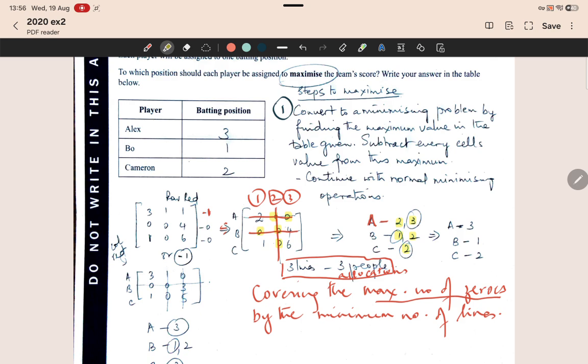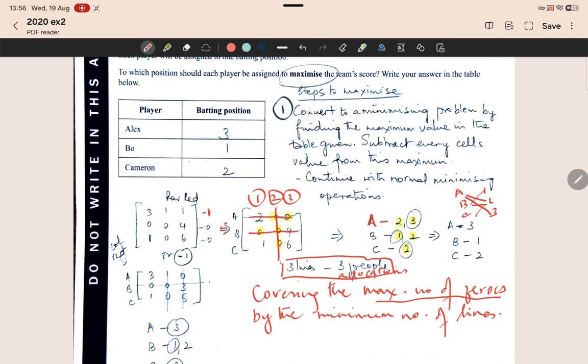So this is going to help you draw an allocation graph, which would be basically A, B, C, 1, 2, 3, and A can go to 2 and 3, and B can go to 1 and 2, and C can go to 2 alone.